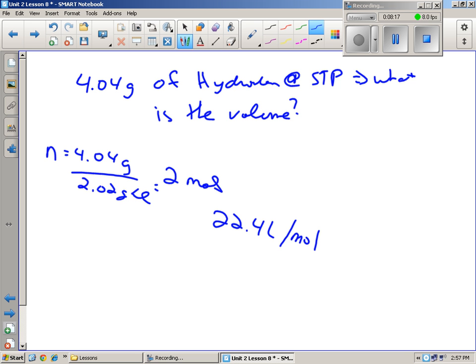If I have 2 moles, multiply it by 2, and you're done. 44.8 liters is how much volume that gas would occupy. Okay? That's how many liters you need for a mole. If you have 2 moles, you need twice that volume. If you have half a mole, you need half the volume. Okay? That can save you a lot of time in some cases doing these questions.